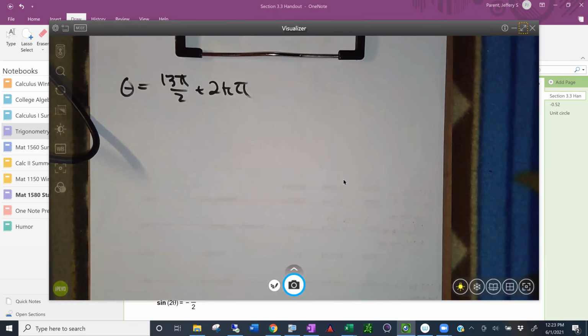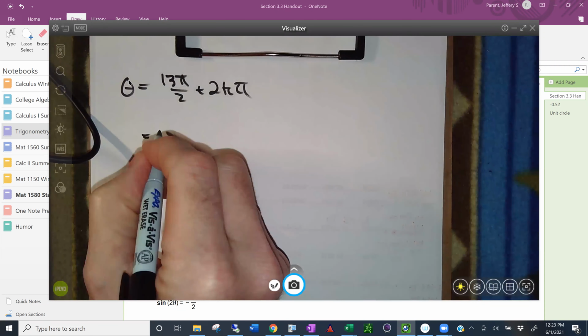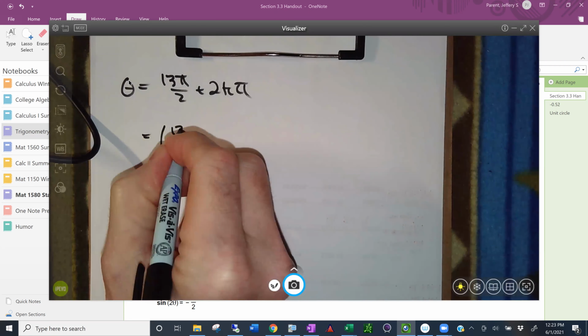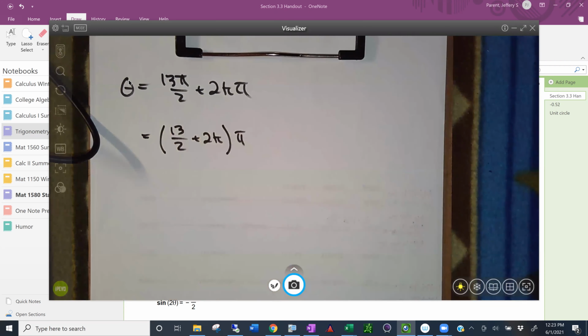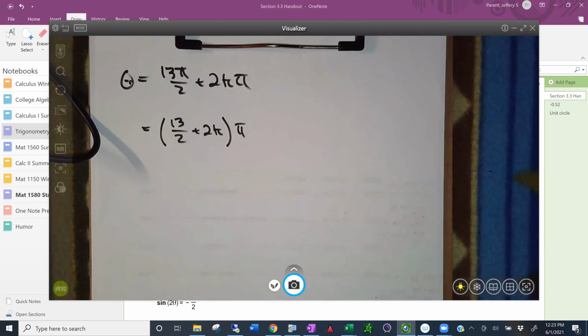Let's see if we can make something there work. Remember, start by factoring out the pi, and then get a common denominator.